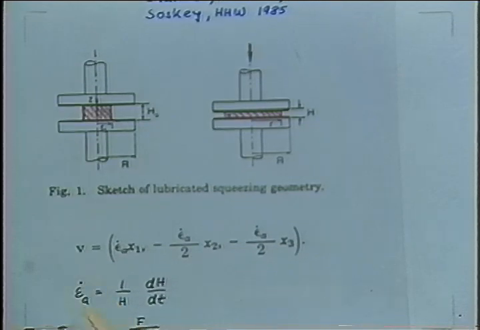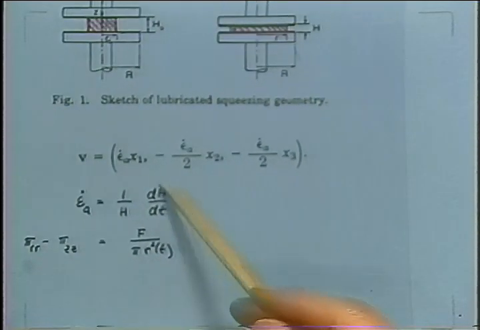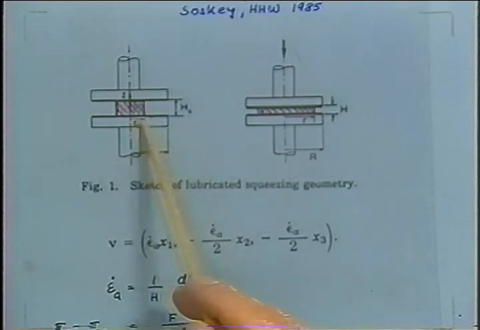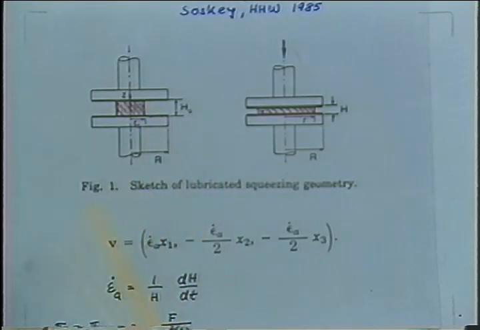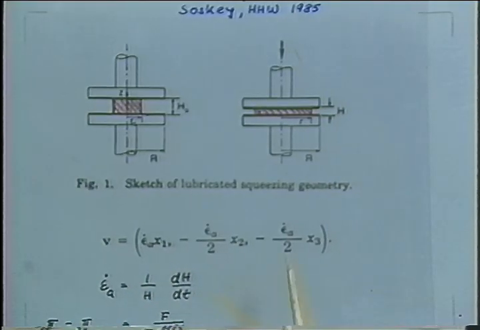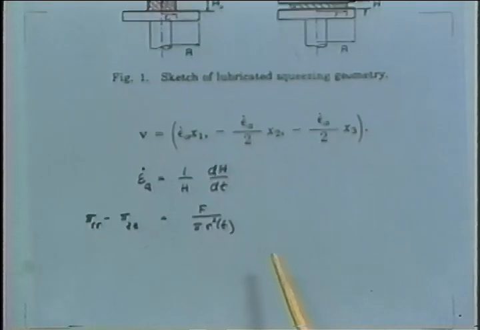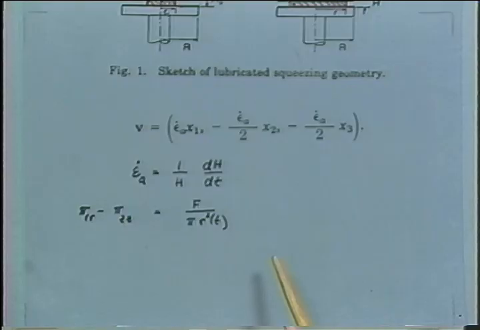So the extension rate is defined as the change of height as a function of time divided by the instantaneous height. And since the lubricant layer is very, very thin, we don't have to subtract lubricant layers. It turned out that we can just take the height by itself. And the normal stress would be measured now by measuring the force and dividing it by the instantaneous cross-sectional area of our sample.